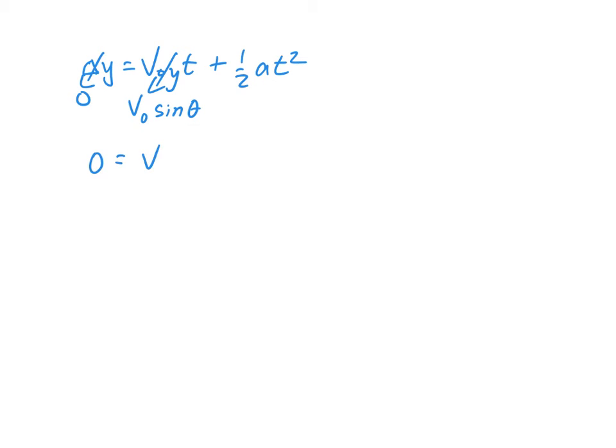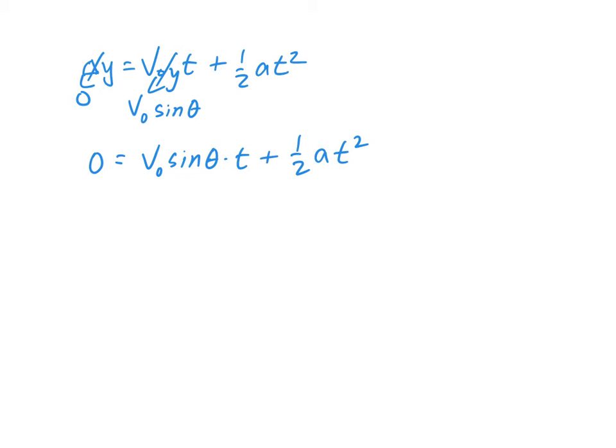So I've got delta y, we've got that as 0, and v0y was v0 times the sine of the angle, if you remember. So substituting all that in, I get this in the y direction.